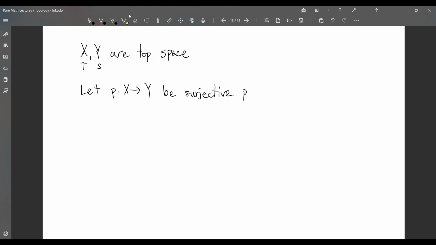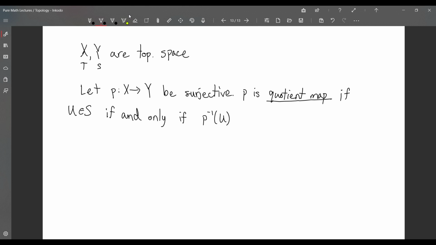Then we define P to be a quotient map if U is an open subset of Y if and only if the inverse image of U with respect to P is open in T, right?